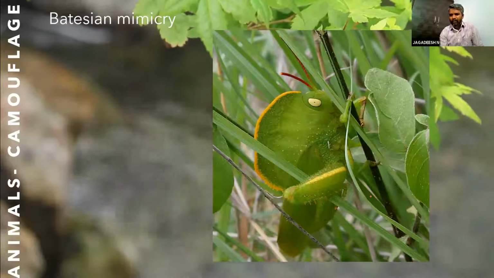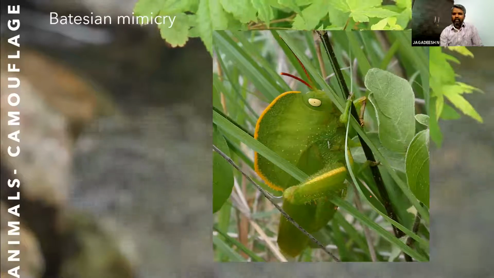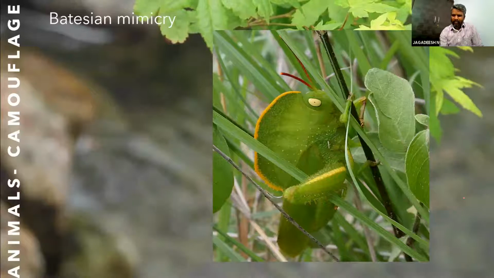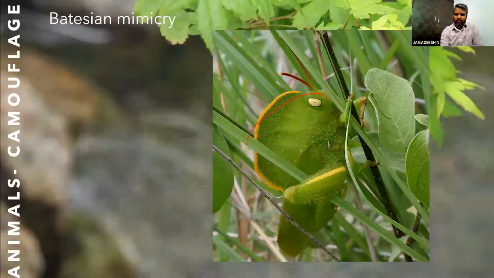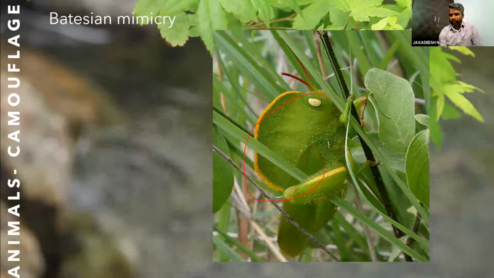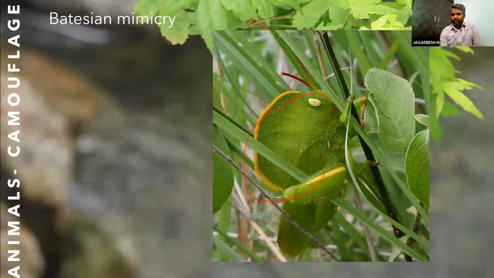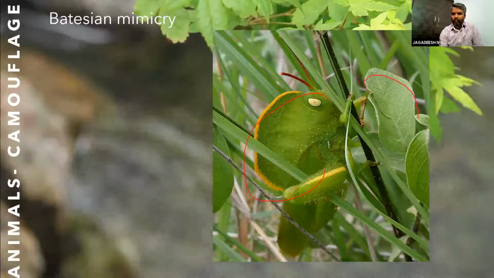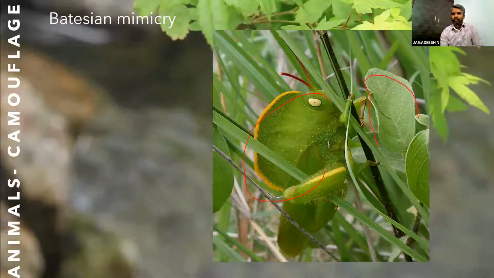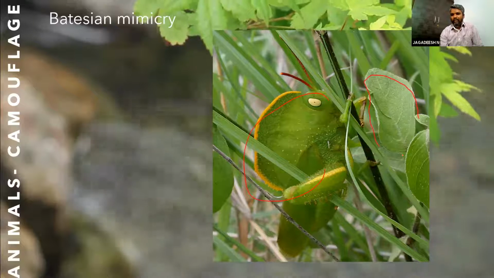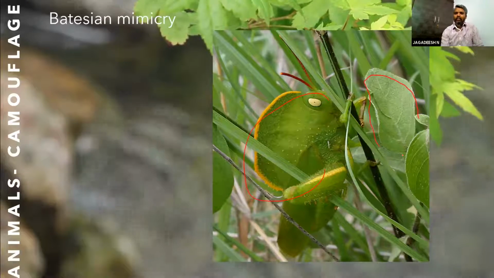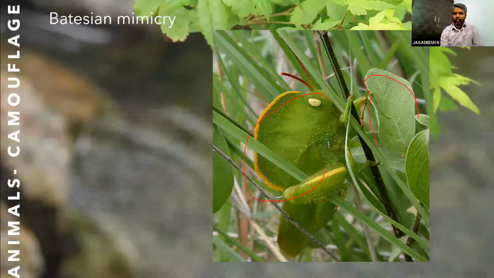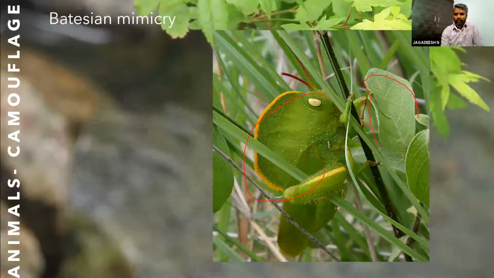Now, this is one more example where a kind of locust has a body like the leaves, and the predator cannot distinguish between these objects. Hence, it got away from the hunting.